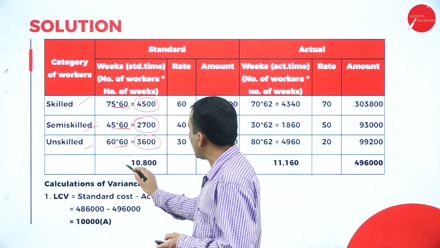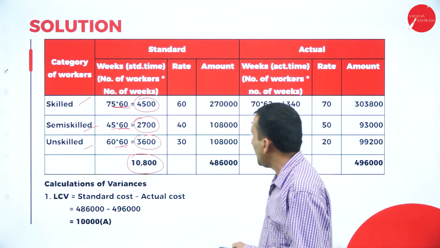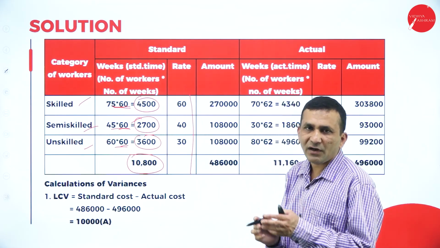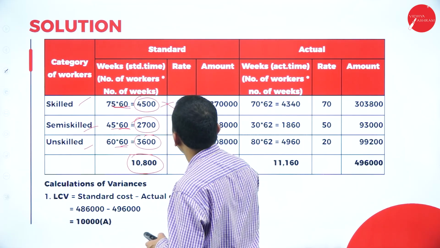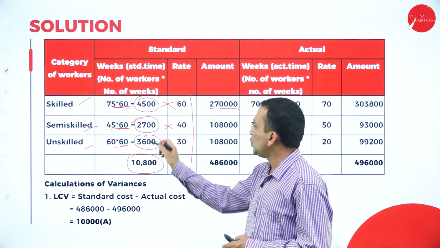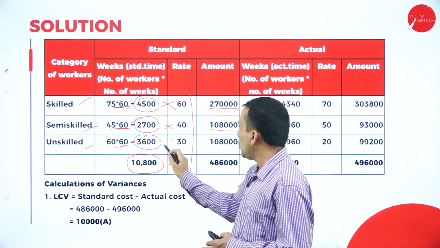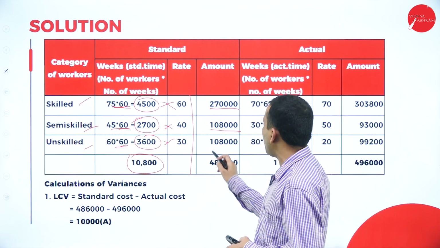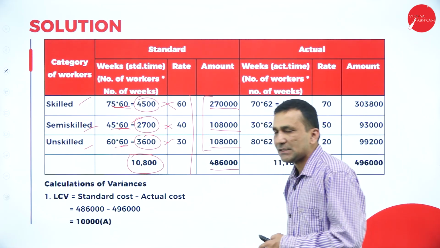If you take them together, the total standard hours is 10,800. The rate is also specified in the question. So we multiply 4,500 into 60, 2,70,000, and 2,700 into 40, 1,08,000, and 3,600 into 30, 1,08,000. If you take the total together, 4,86,000 we are getting.